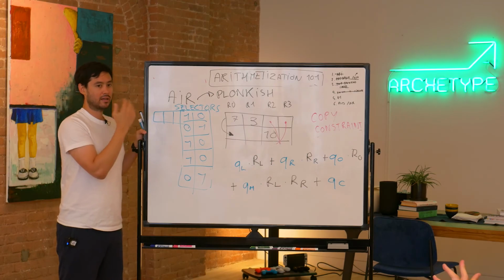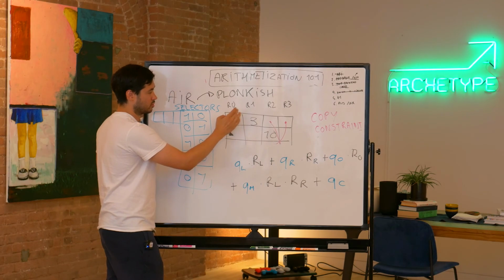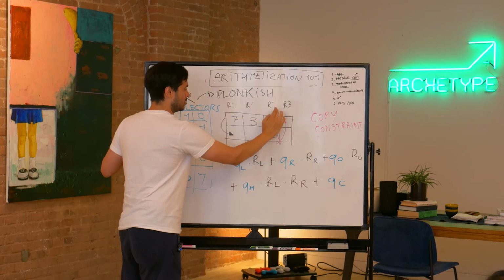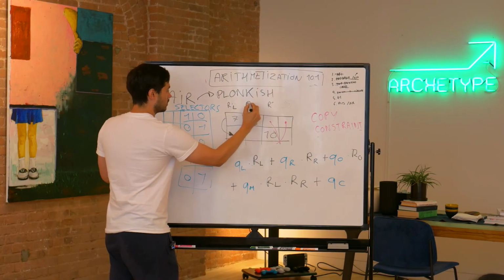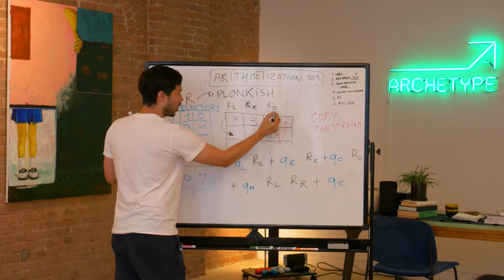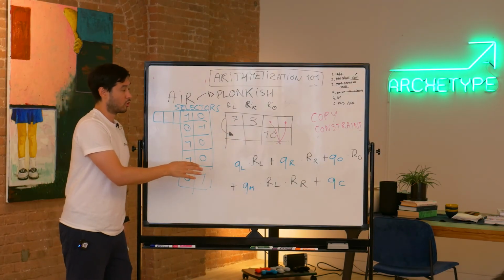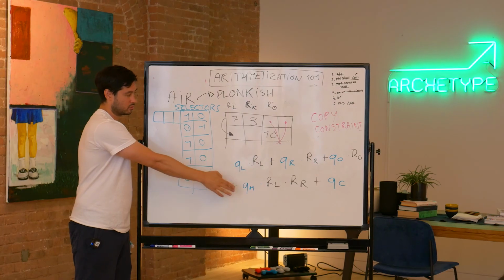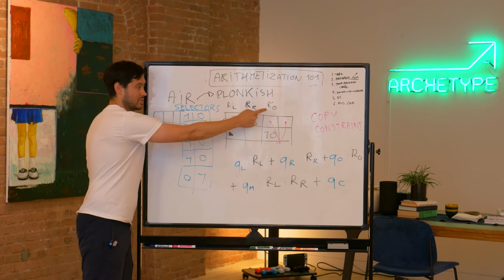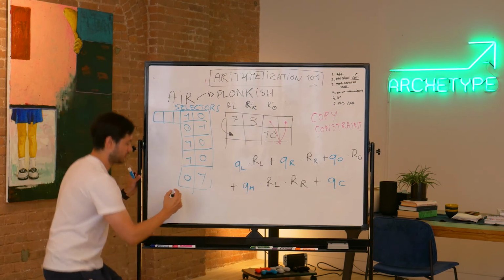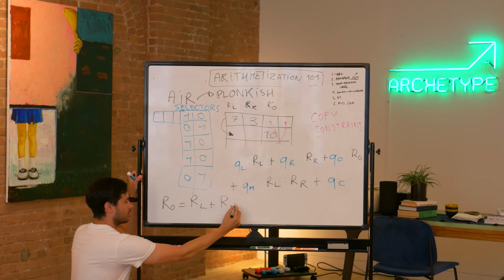I can explain exactly how this works, but I'll ask you a question. How would you add two registers? I'll rename these: RL, RR, and RO for output, right and left. R3 doesn't exist in vanilla Plonk. How can you give values to your selectors so that you can add RL and RR into RO, so that RO equals RL plus RR?